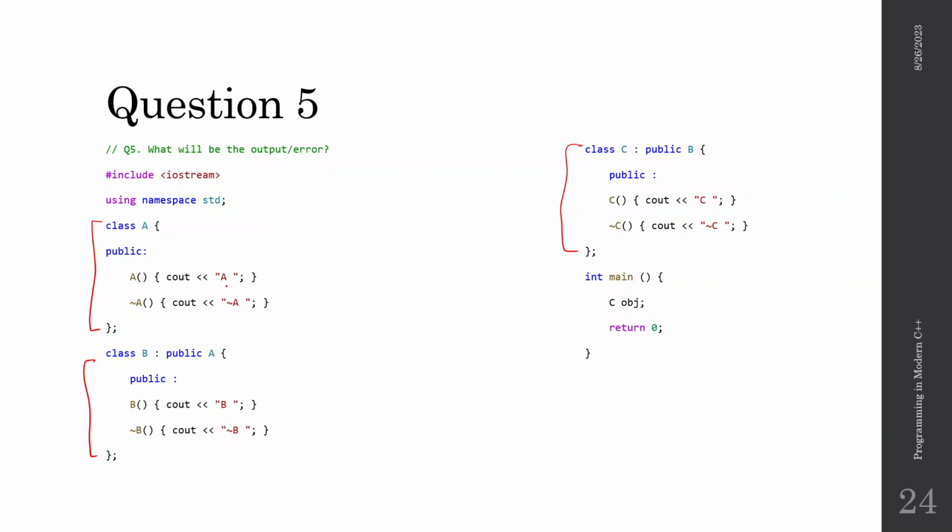So for example, in the constructor of a we print a, and in the destructor of a we print tilde a, and similarly for b and tilde b and c and tilde c.